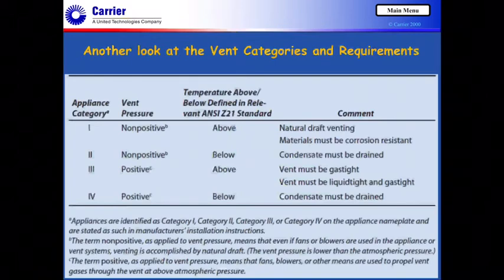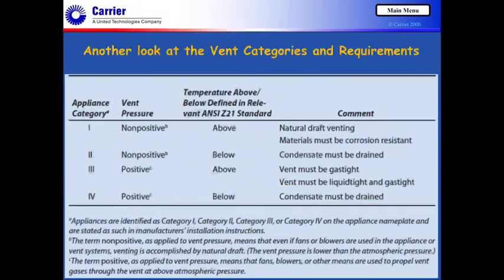All right, here's another little bit of a recap on this. When we look at the vent categories and requirements, this is out of the National Fuel Gas Code book, identifying category 1, 2, 3, and 4, and talking a little bit about how the vent pressures are, whether they're non-positive or positive, whether the temperature is defined as above or below certain temperatures, such as the dew point, and then obviously gas tight and liquid tight.